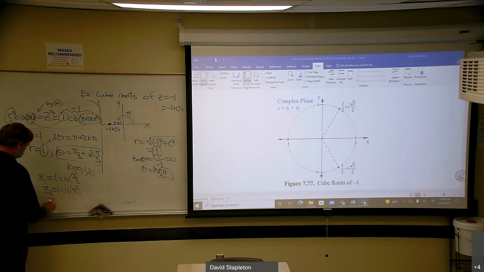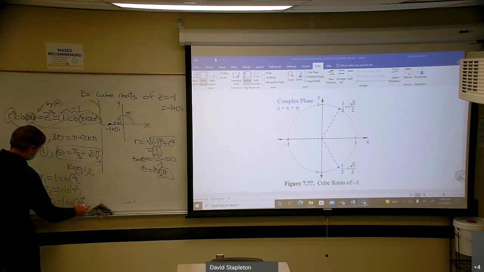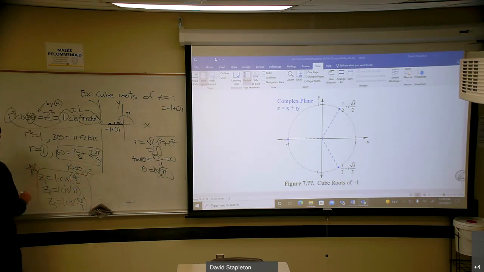And the third one is z3 equals 1 times cosine plus i sine of this plus 2 pi over 3, let's see, it's 4 pi over 3 plus pi over 3 is 5 pi over 3. These are the polar forms, 3 of them, for the cube roots of -1. The 3 complex numbers, if you take their third power, give you -1.